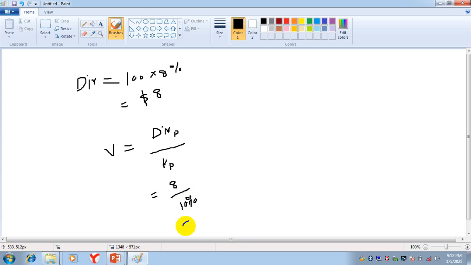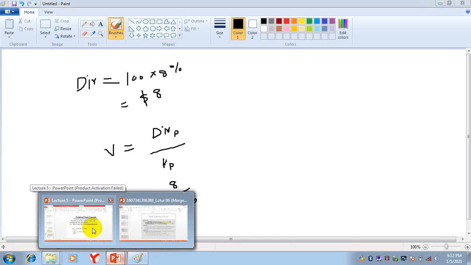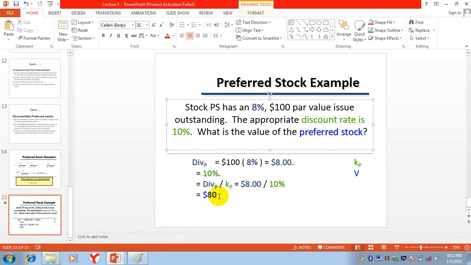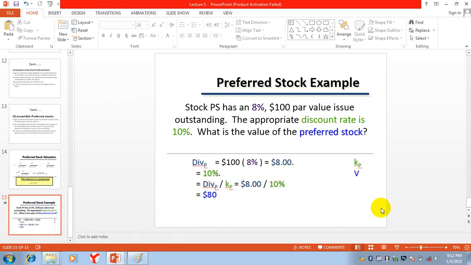So 8 divided by 10%, the value of this stock will be $80. So this is how you can calculate the value of preferred stock.